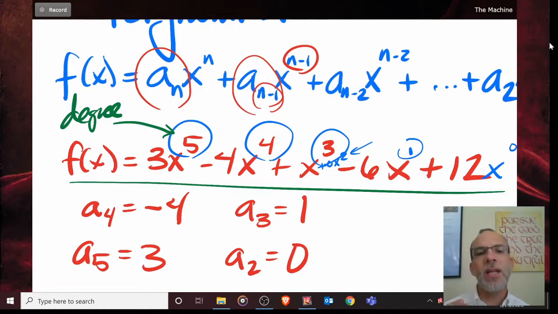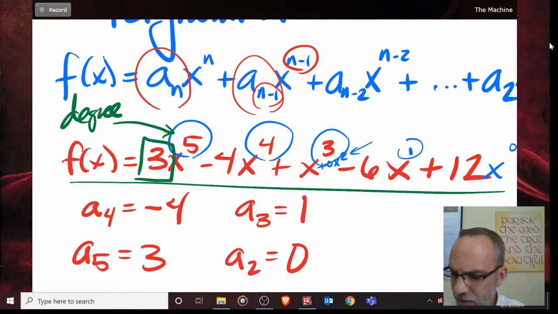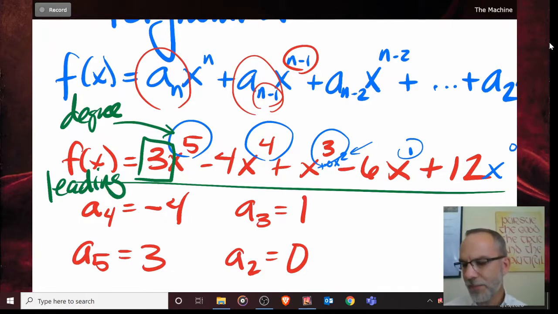And when you write it in order of descending exponent, like you should, that's standard form, and the coefficient that's out in front is called the leading coefficient. So the leading coefficient is the coefficient on the variable with the highest degree.